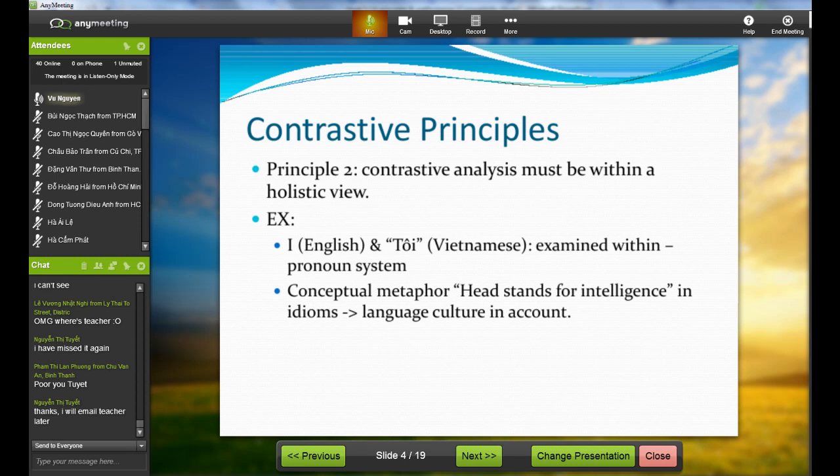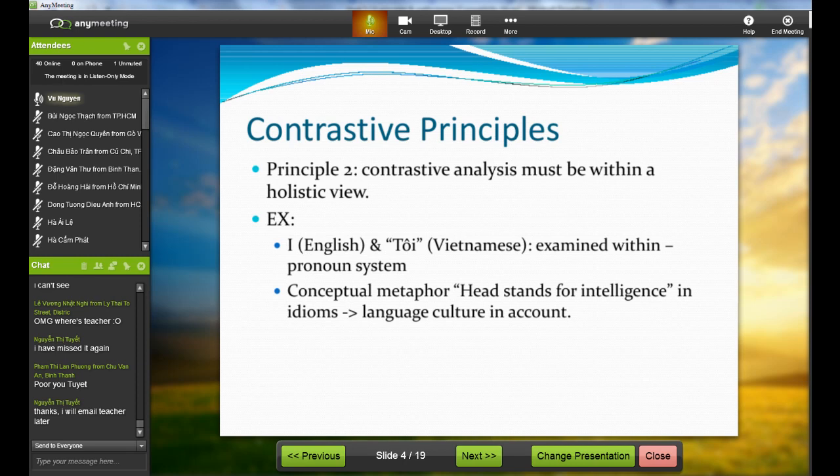We should also look at how other word classes can be transformed into pronouns in Vietnamese.